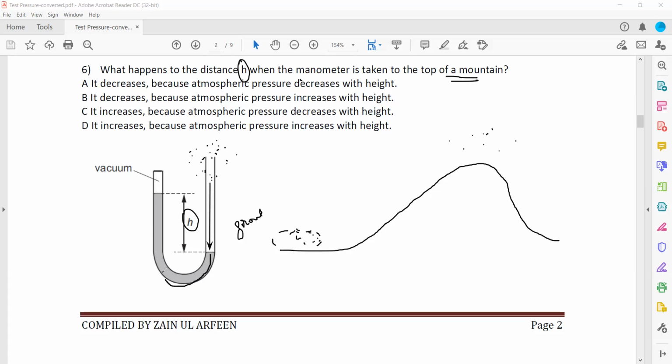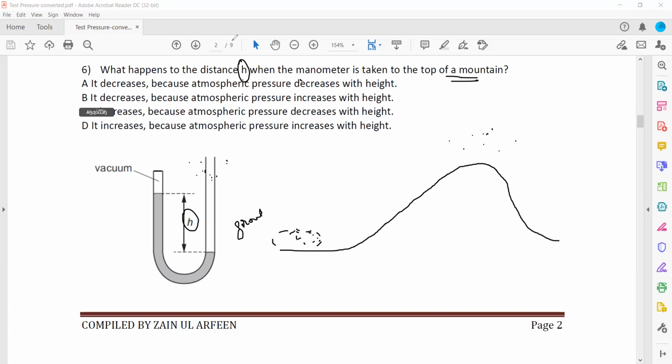That is why it will force more liquid to rise. But as you take this manometer to a higher altitude, the number of air particles will decrease. So as the number of air particles decreases, what happened?